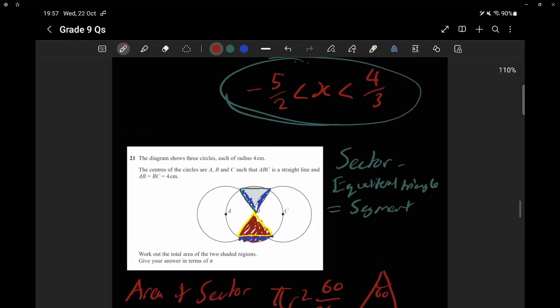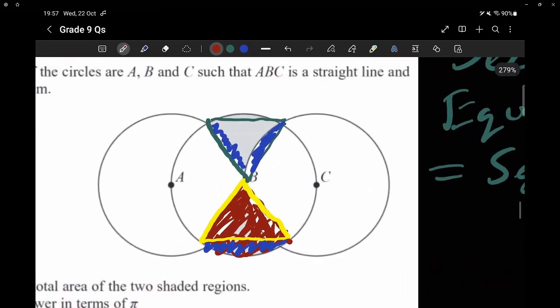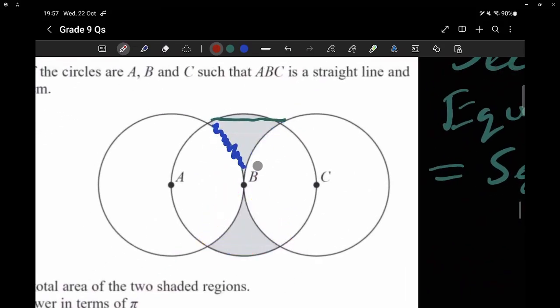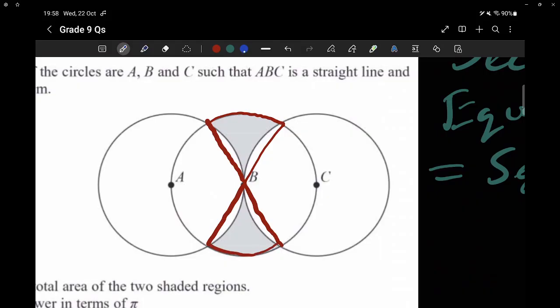So if we think about looking at this, we know that there's two sectors here. So like this, right? We've got two sectors, and then we have two segments there, and two segments there.